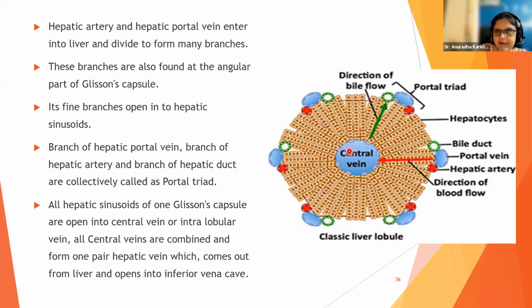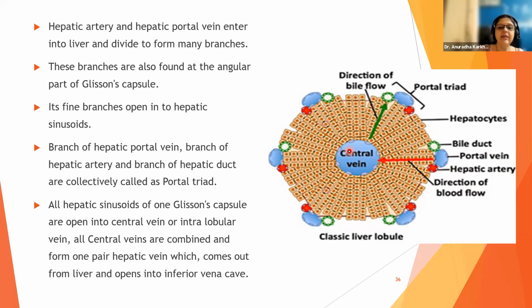Central veins are combined and they form a pair of hepatic veins which come out from the liver and open into the inferior vena cava. So you know inferior vena cava and superior vena cava are associated with bringing or collecting the deoxygenated blood to the heart, which will then pump it to the lungs for oxygenation. Correct? This we know. So the hepatic vein pours its deoxygenated blood into the inferior vena cava.